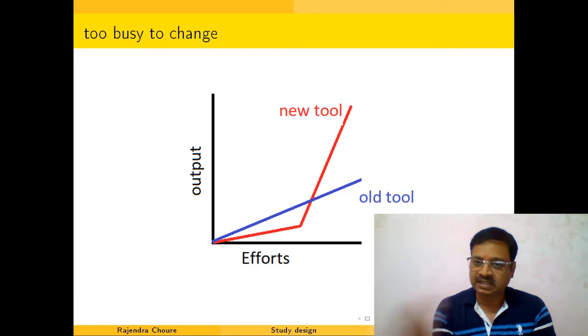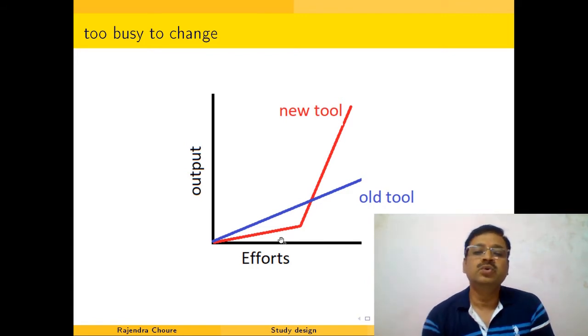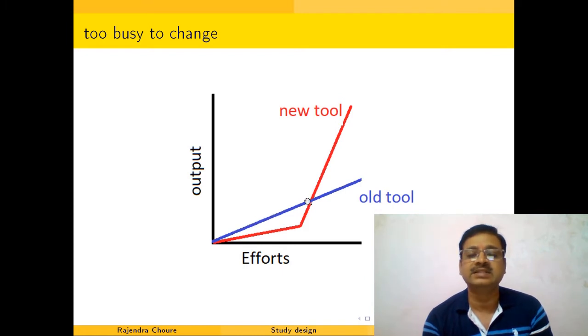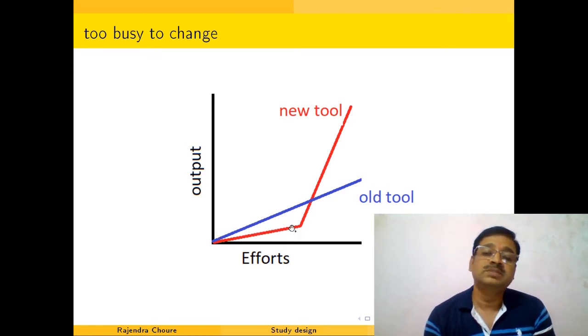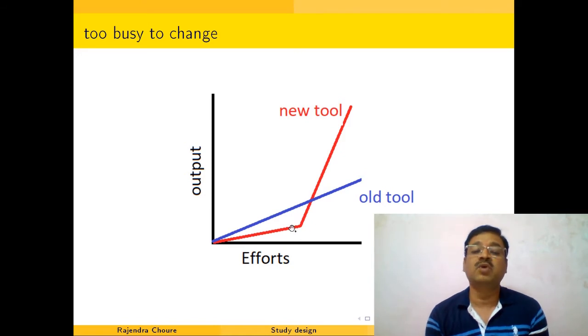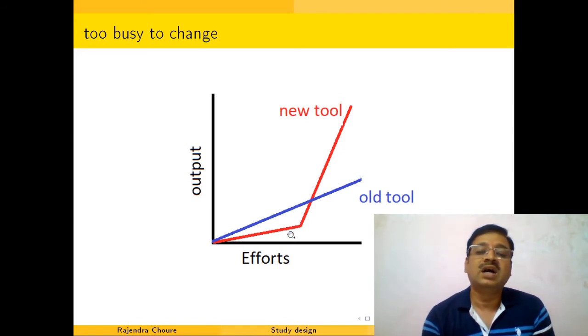And here that learning curve is there. When you use an old tool, you are familiar with the old tool, you may be expert in the old tool, and because of that, with the old tool your efforts will be lesser and lesser and lesser. And this is the curve for the old tool. And with a new tool, initially you will have to spend more time, you will have to spend more work also, more efforts also, and you will not get results similar to your old tool.